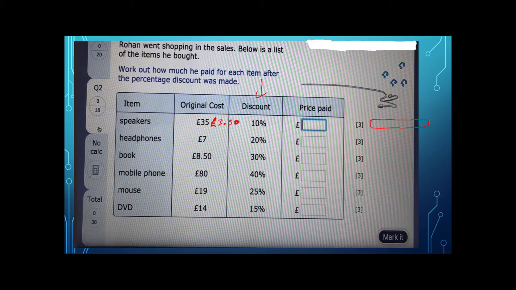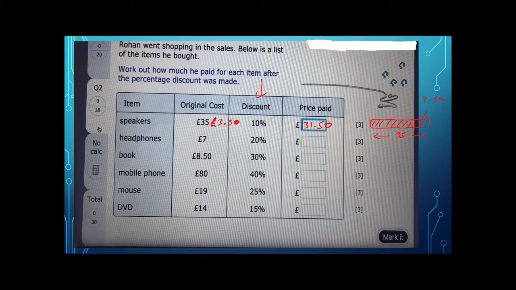If this here is £35 and we're taking 10% off, and that 10% is £3.50, then we're left with 90% of the original price. So we need to take away £3.50, and that gives us £31.50.